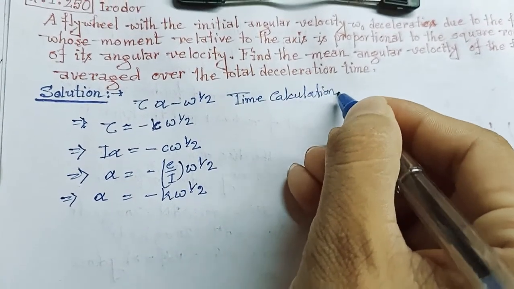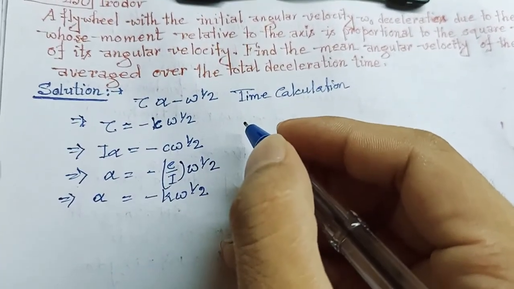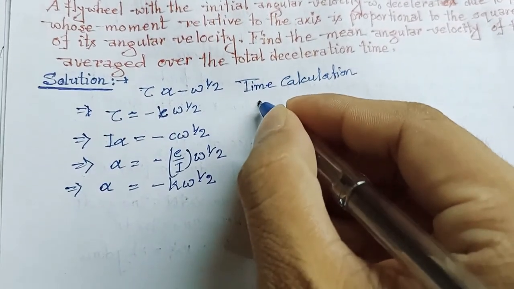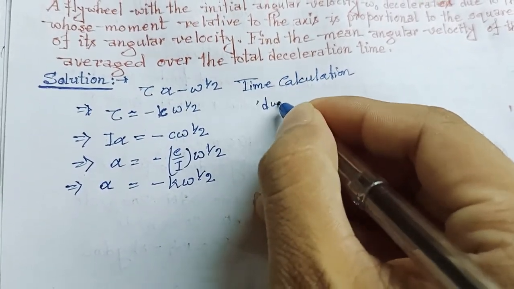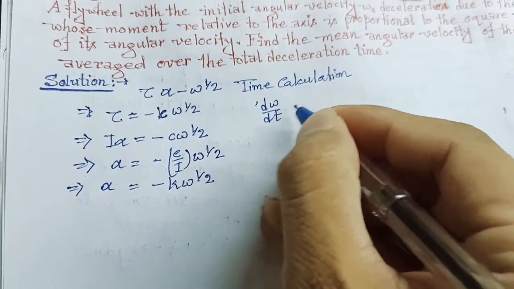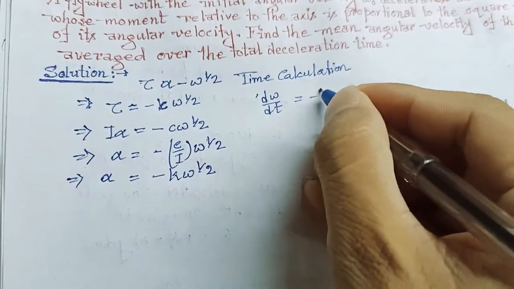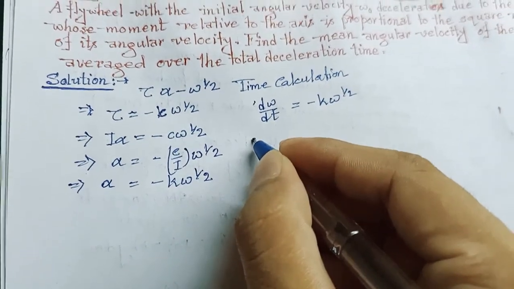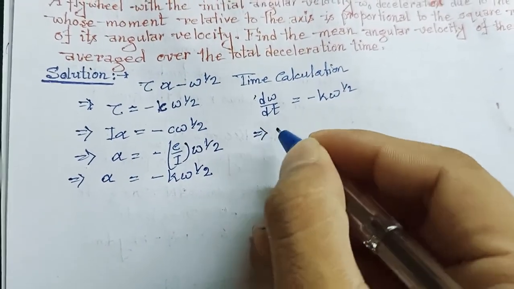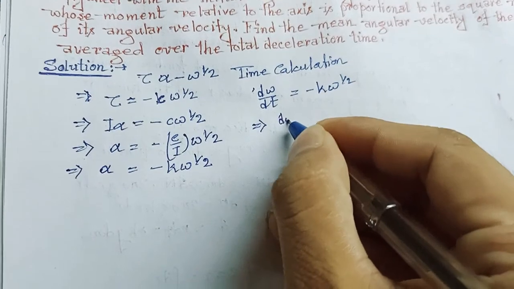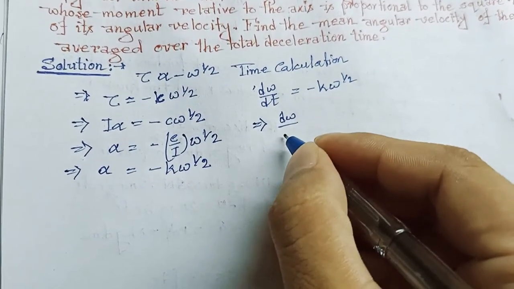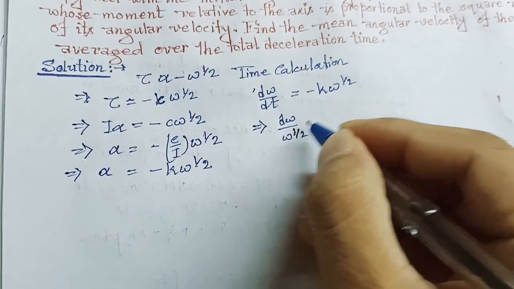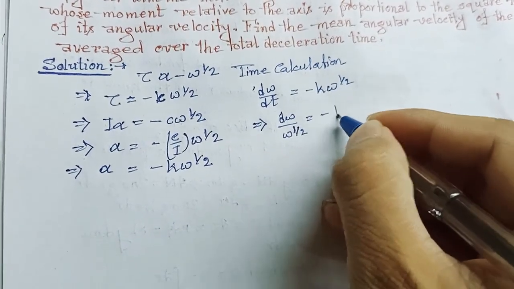For finding the time calculation, as we know, alpha equal to d omega with respect to dt is equal to minus k omega to the power half. From this equation we can write d omega divided by omega to the power half is equal to minus k dt.